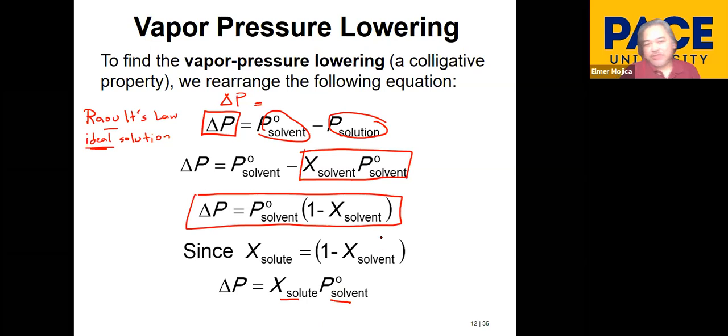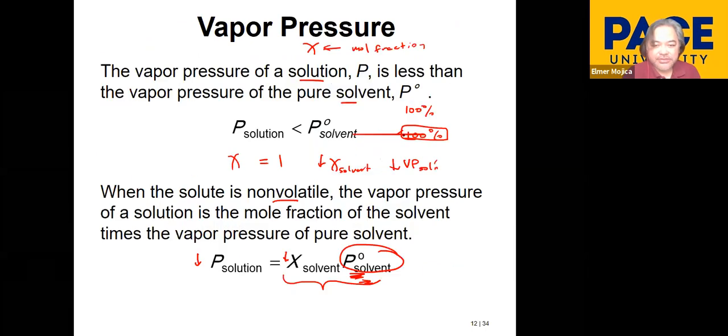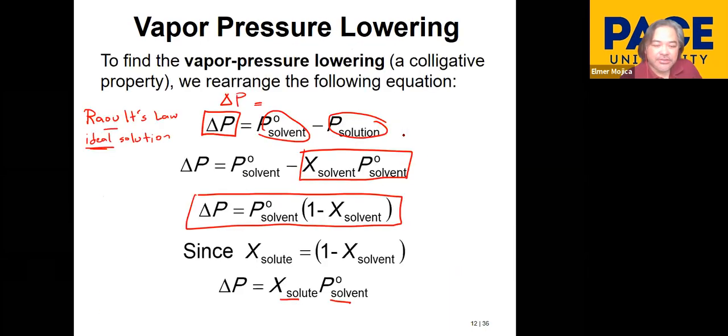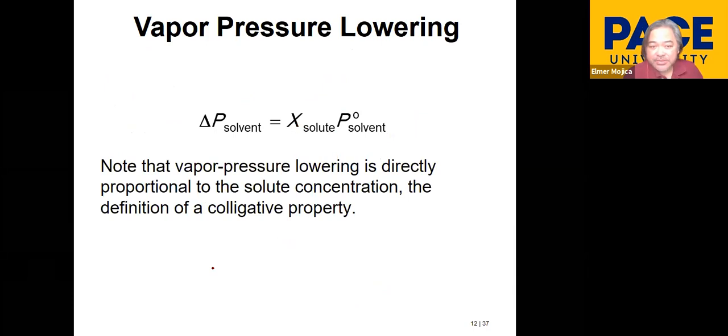You can be asked what is the vapor pressure of the solution, or what is the vapor pressure lowering. If it's vapor pressure, you use this equation. If it's vapor pressure lowering, you use this one. That's the difference.